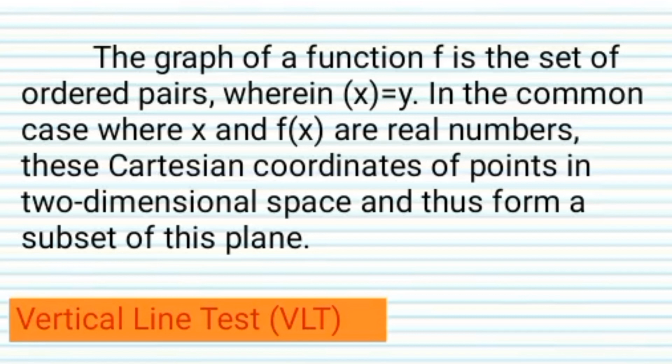If the vertical line intersects at two or more points in a graph, then it is not a function. But if a vertical line has exactly one point of intersection, then it is a function. To make things clearer, let's proceed to the different examples.